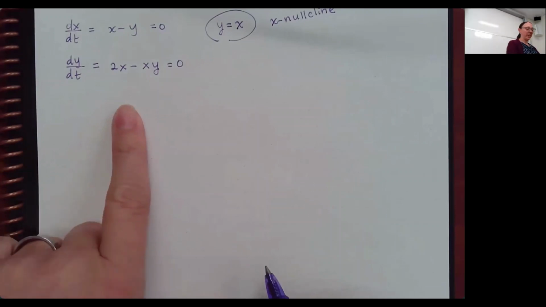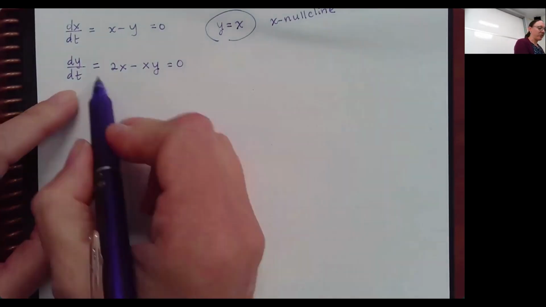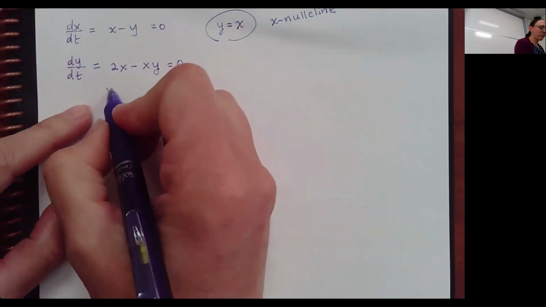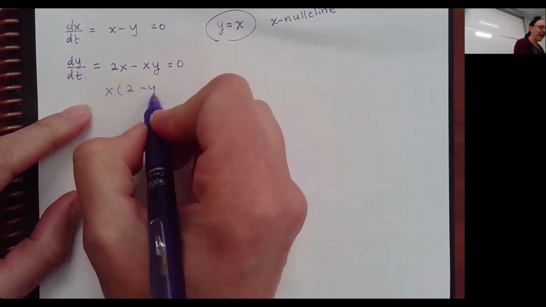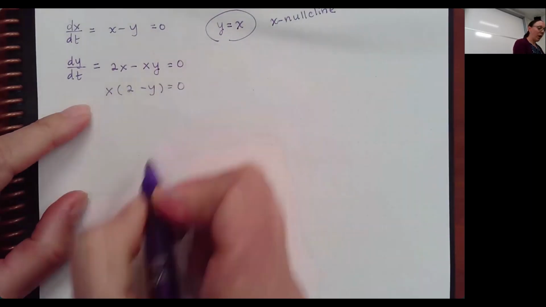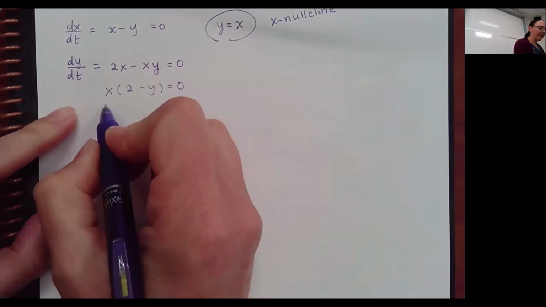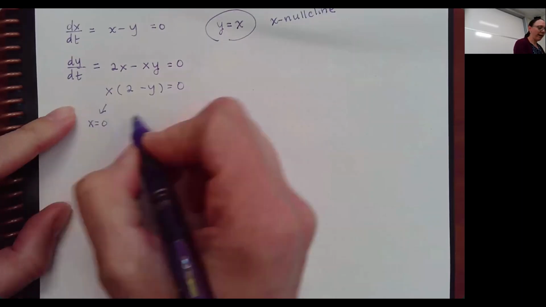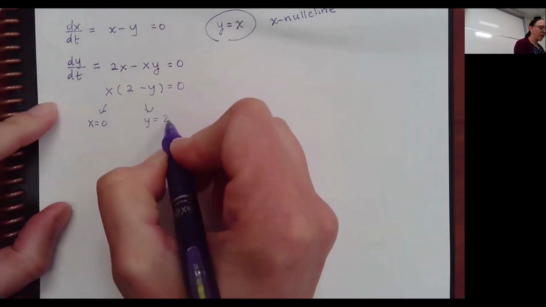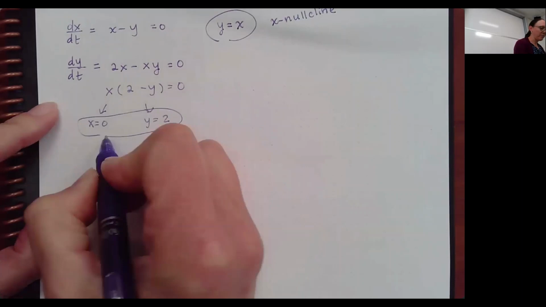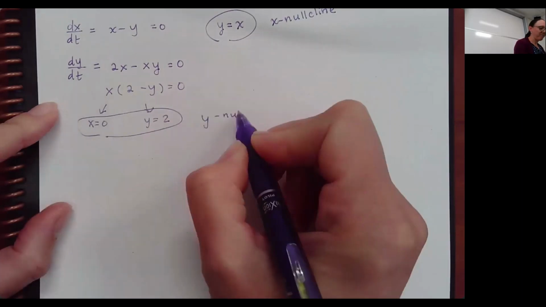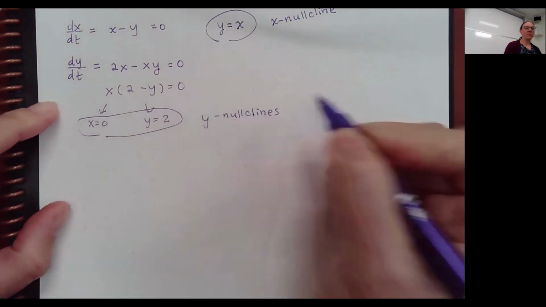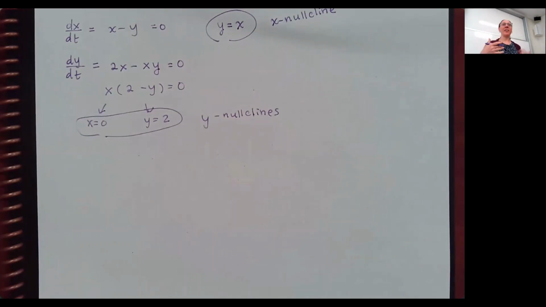If I look at my second equation, I can factor an x out. And this is giving me the two y nonlinears: that x is 0 or that y is equal to 2. So these are my y nonlinears. Now the places where an x nonlinear and a y nonlinear intersect, that's where my equilibria are.